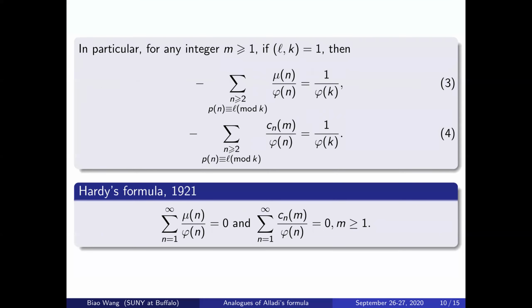In particular, we get that if L and K are coprime integers, then the following two formulas hold. Here, C sub n of m is the Ramanujan sum. Here, m is fixed and n varies.